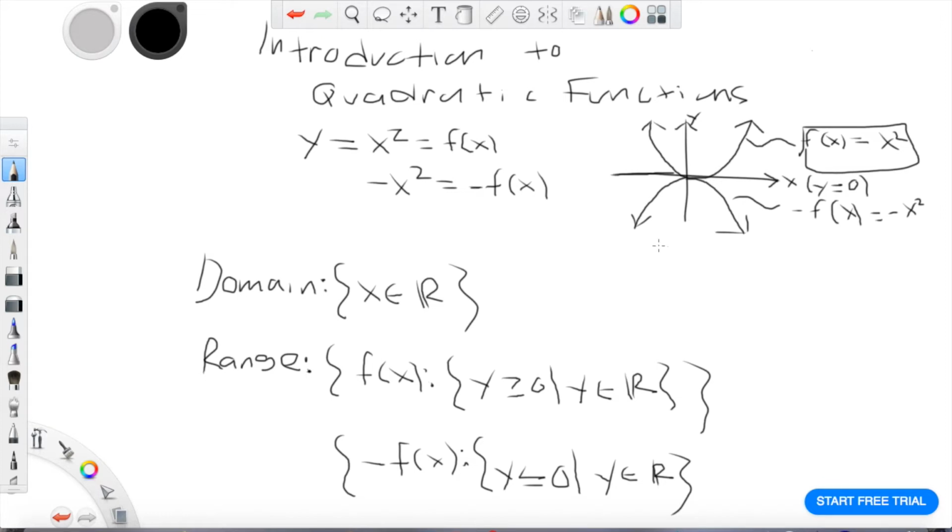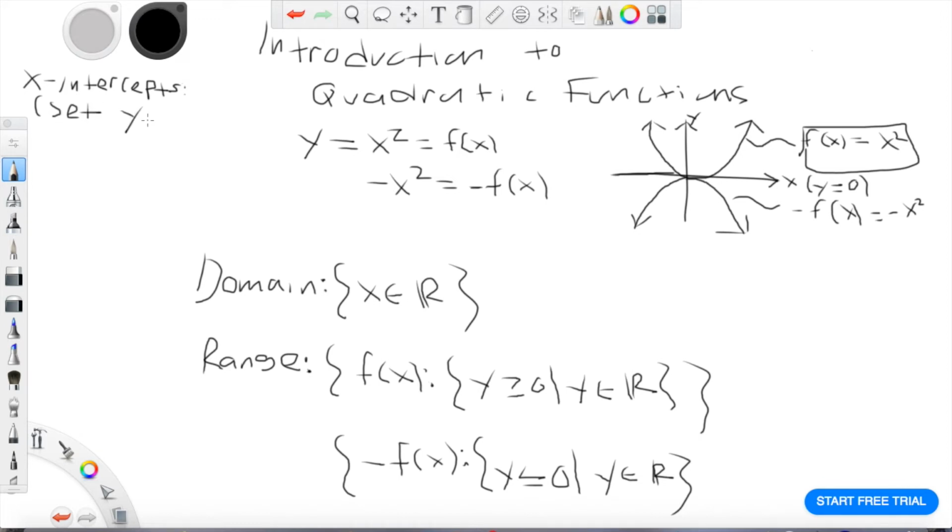What about the x and y intercept? So to get the x and y intercept, well, first of all, let's look at the x-intercept. To get the x-intercept, we just set y equal to 0.